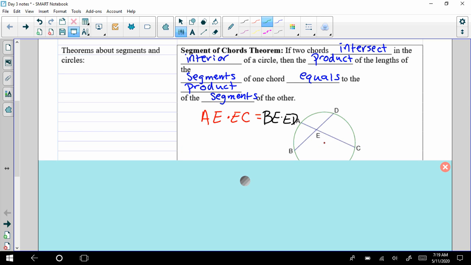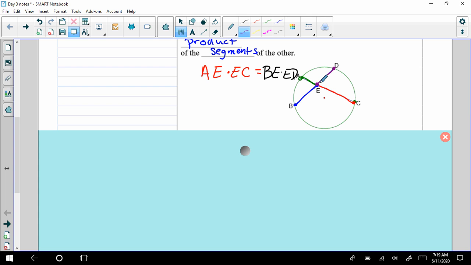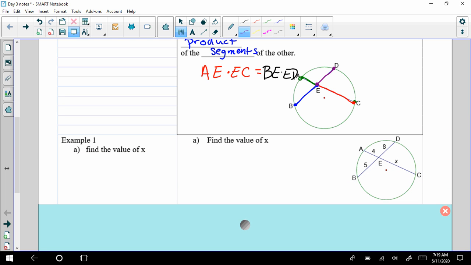But what that means is if we have 2 chords that intersect here, A to E, this section here, times E to C, the longer section of that same one, is equal to B to E times, again, that piece of the same one, E to D. So you multiply essentially the pieces of each segment together, and they are equal.